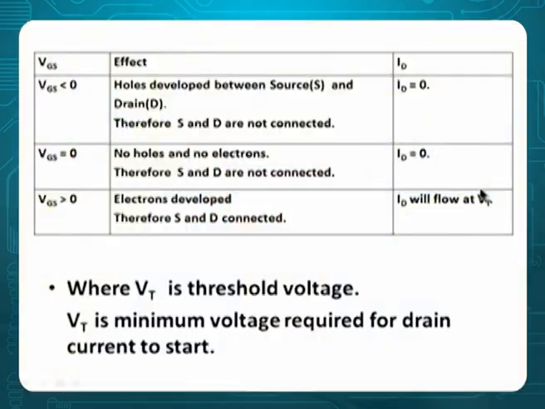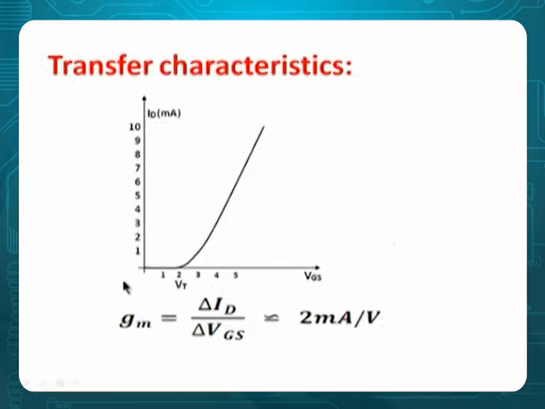That's why you should go on giving positive voltage till the sufficient number is formed and current is sufficiently coming up. That's called threshold. This VT is threshold. It is the minimum voltage required for drain current to start. I have given a curve here. Suppose this is 1, 2, 3 and VGS is here. Starting from 2, good enough is 3, large value at 5.